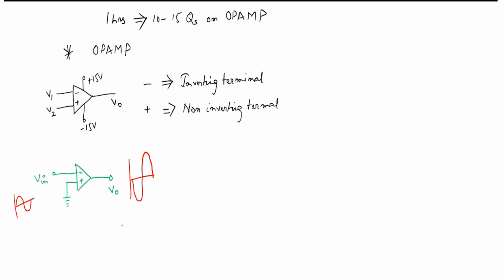Fine? Yes, sir. Suppose we ground the inverting terminal and supply an input at the non-inverting terminal. The output will be in the same phase, but amplified. Means the phase will be the same with an amplification. Fine?